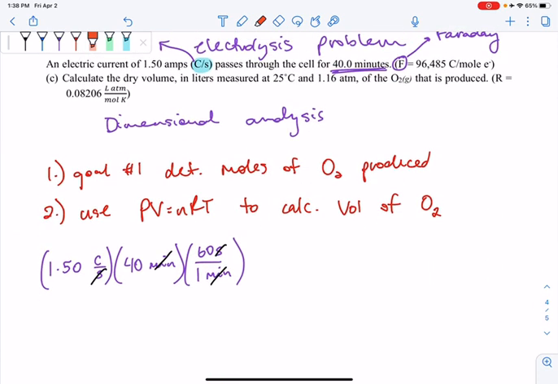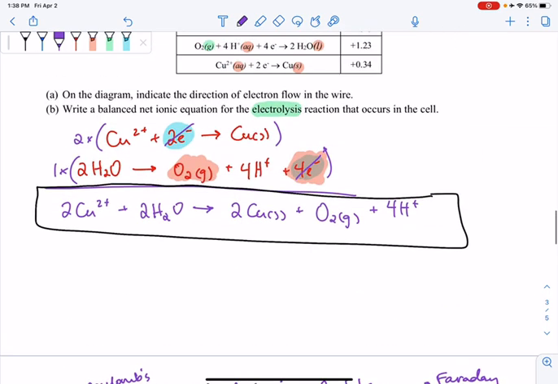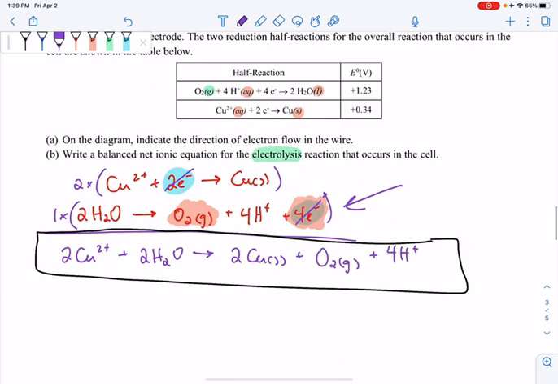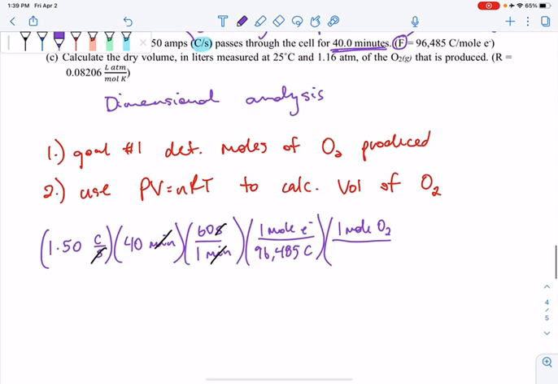So let's use Faraday's constant. Coulombs is in the numerator, so I'm going to have 1 mole of electrons for every 96,485 coulombs. Then from our half reaction with oxygen, we know that it's 1 mole of oxygen for every 4 moles of electrons.